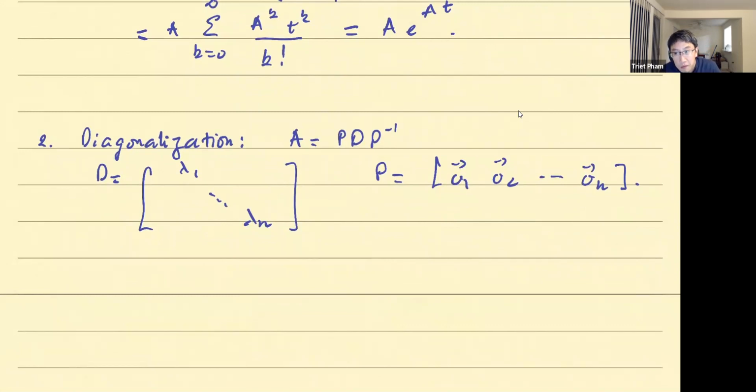Oh, I'm just asking, why if I have D and P like this, then A is P D P inverse? I mean, magic? What's the reason behind that? No, Will, that's the practical reason.